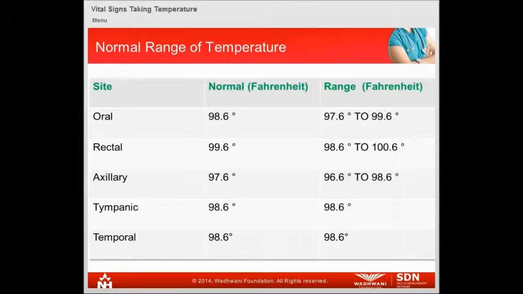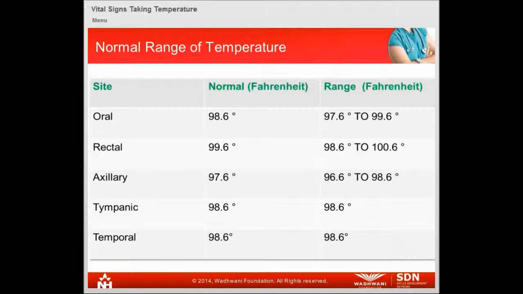Now let's take a look at the table which shows the normal range of temperature at different sites on a Fahrenheit scale. At the oral site, the normal temperature is 98.6 degrees Fahrenheit, and it can lie in the range between 97.6 degrees to 99.6 degrees. Rectal normal temperature is found to be 99.6 degrees Fahrenheit, and it may vary from 98.6 degrees to 100.6 degrees Fahrenheit.